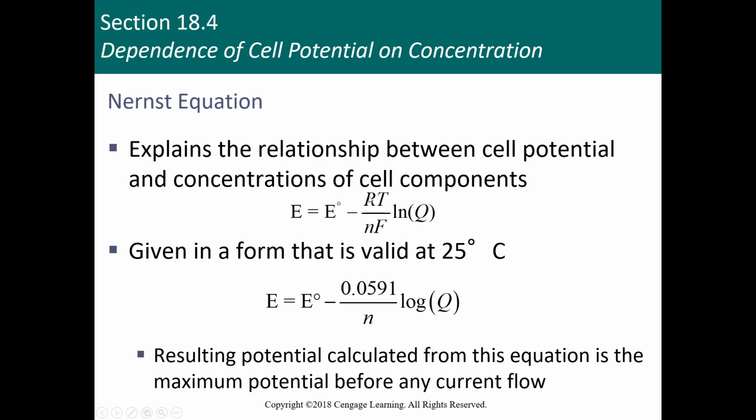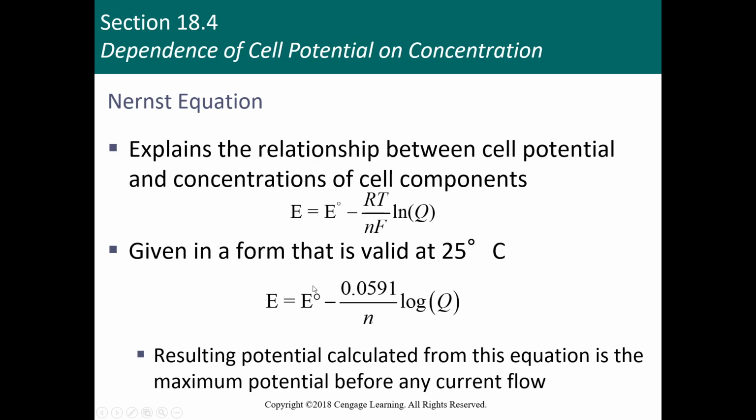So we can actually simplify this relationship for 25 degrees Celsius, which is lab conditions, room temperature, where most of our reactions end up taking place because we won't watch them or use them for a phone or something, right?